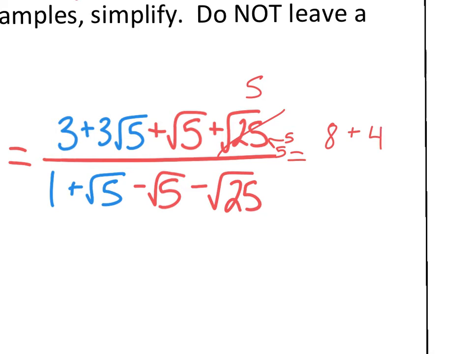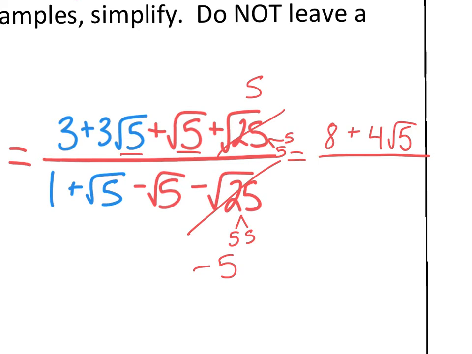Just 4 square roots of 5. We know when we're adding, we're just adding those coefficients, right? And we can only add things that have the same radicand and index. Okay? Now let's go to the bottom. We already said that this broke down to 5, right? So this would just be a negative 5.